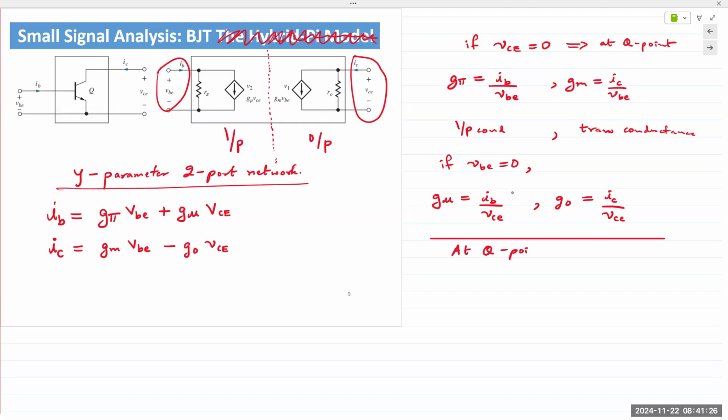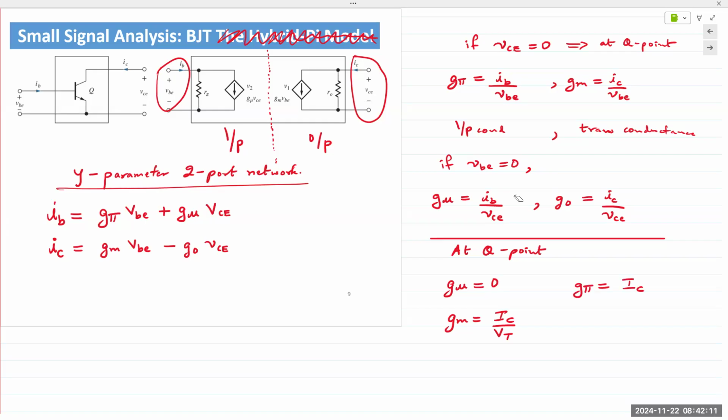At the Q point, G mu is going to be 0. Gm is going to be IC over VT.